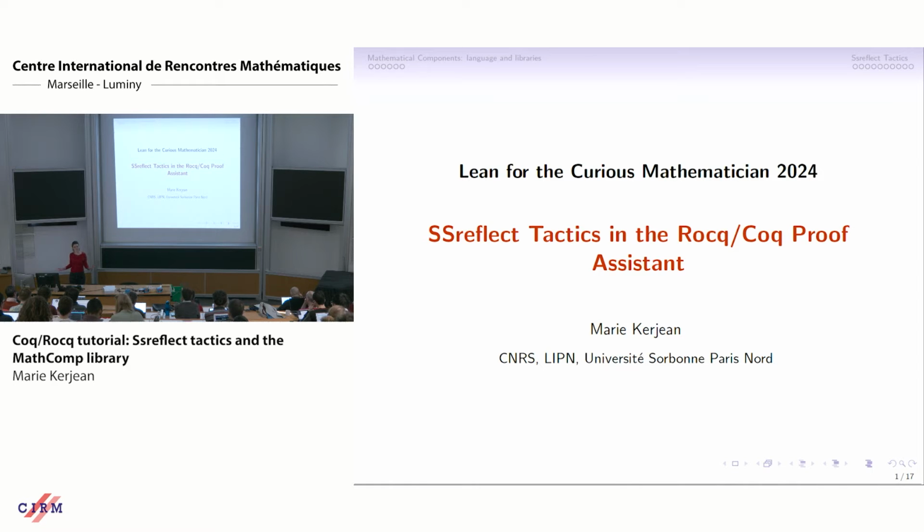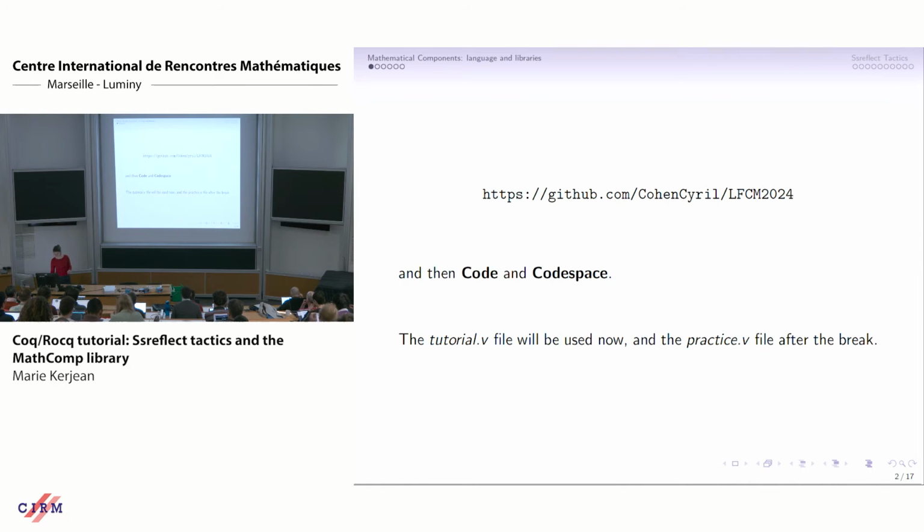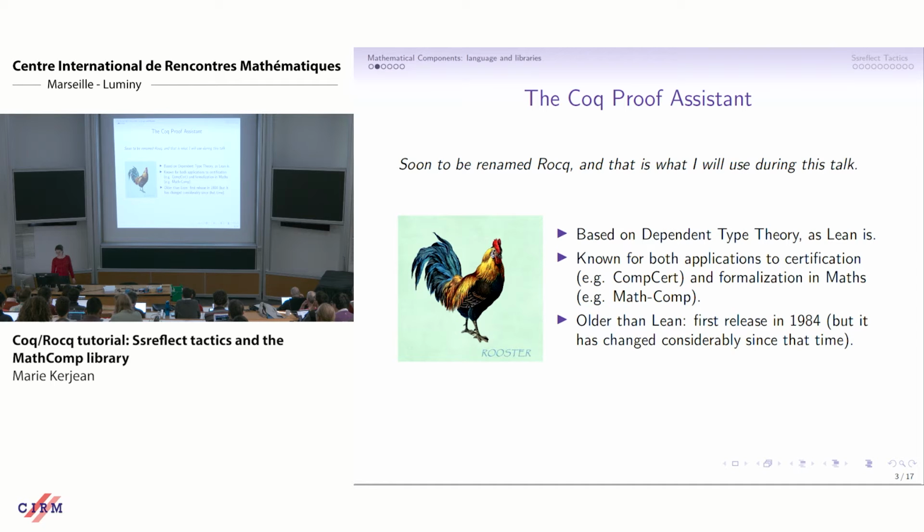Okay, Ssreflect. The Rocq proof assistant is extremely similar to Lean at the very basic. It's a bit older than Lean. It is a 40 years old proof assistant. MathComp in itself, the library of formalized mathematics which I'm going to speak about, is almost 20 years old.